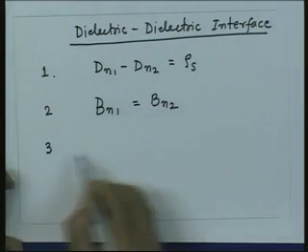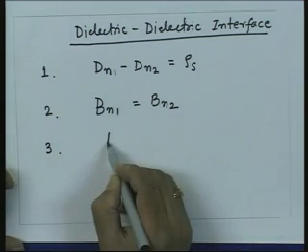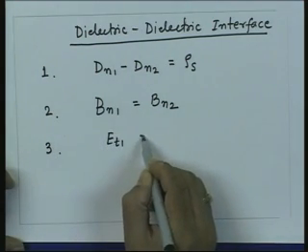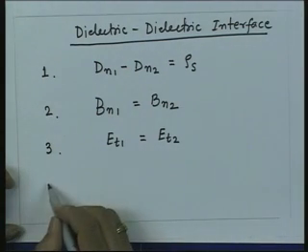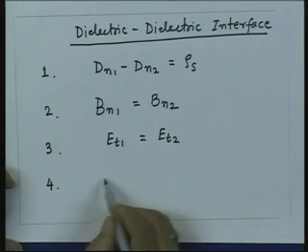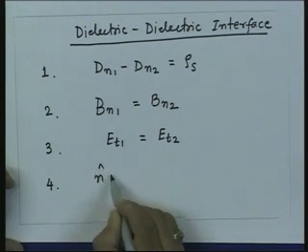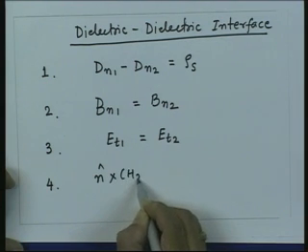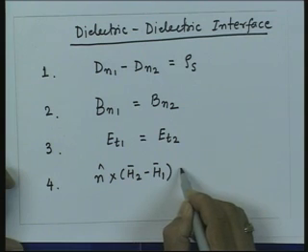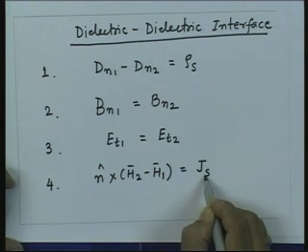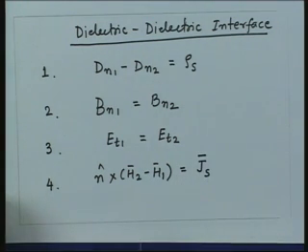The third boundary condition was E T1 is equal to E T2, and the fourth condition was that N cross H2 minus H1, that is equal to the linear surface current density.